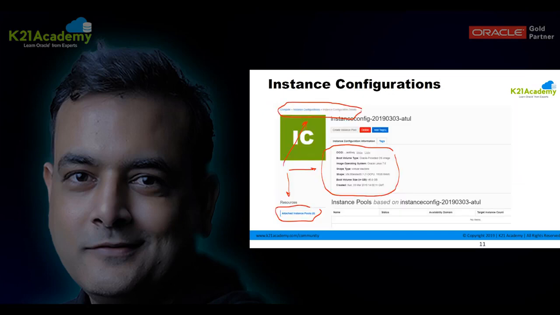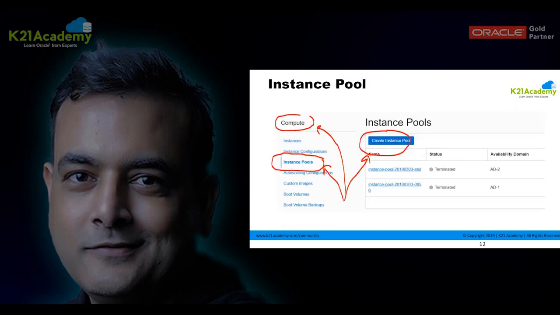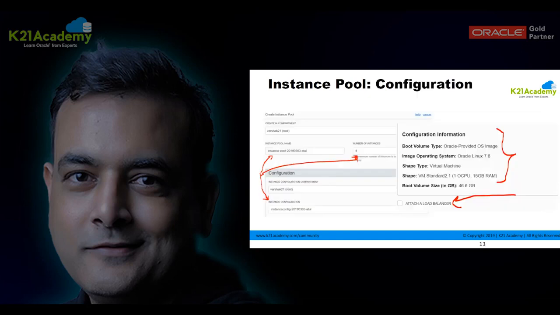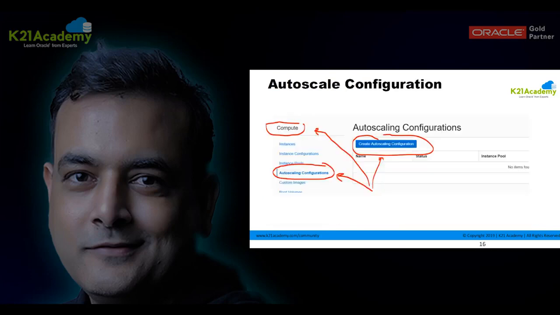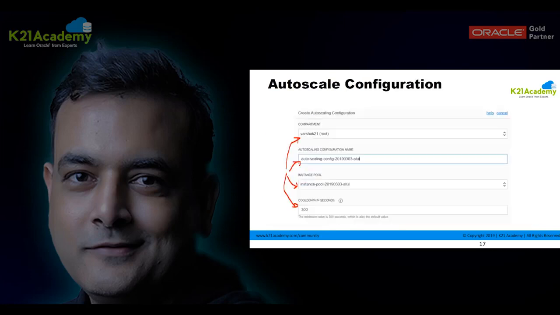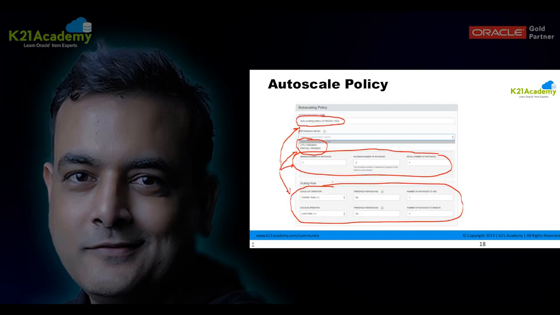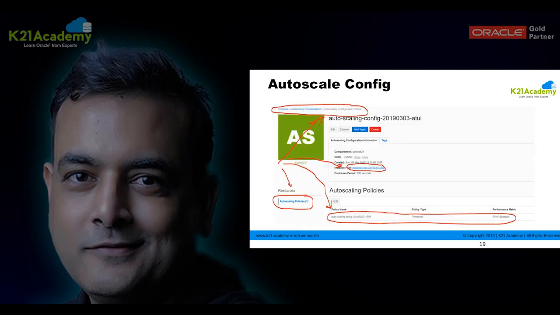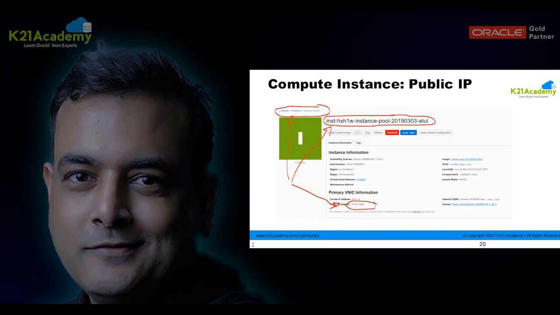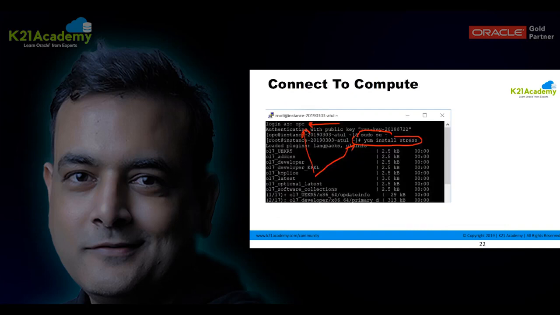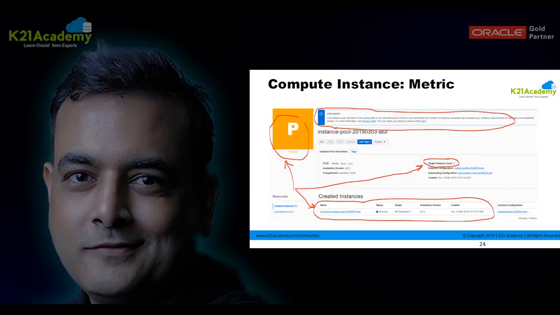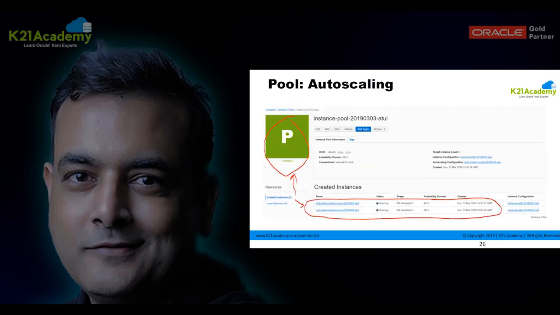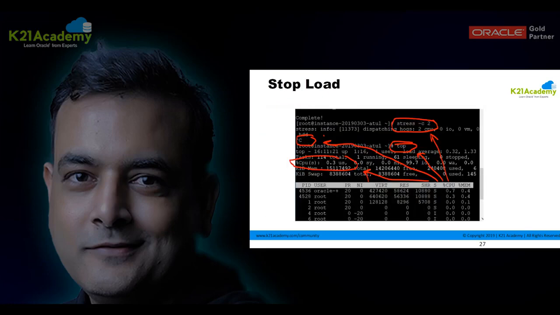You can configure your E-Business Suite so that as load on the application tier increases, it automatically creates another instance of your application tier and automatically adds it to the load balancer. So you don't have to do any task. Your application node is added automatically, and as load on your application tier decreases, that additional node can automatically be deprovisioned and removed from the load balancer. So I'm very excited about this feature. We've just tested it for one of our customers. So that's the topic we are going to cover next week.